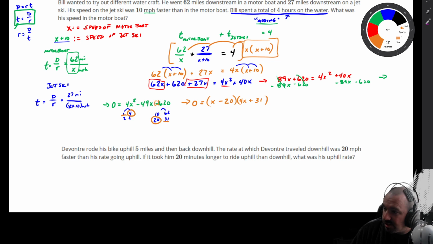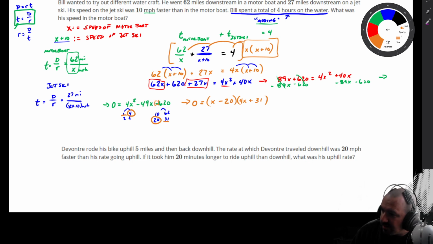Okay, so just double check. x times 4x is 4x squared. I have negative 80x plus 31x gives me a negative 49x. And then 20 times 31 is in fact 620, and a negative times a positive is a negative. Okay, so it works.